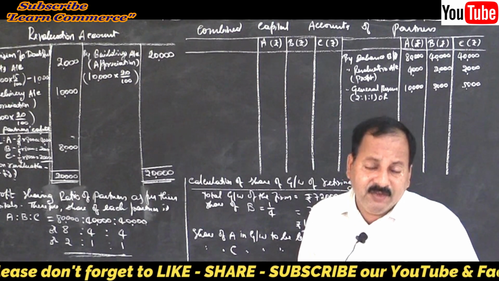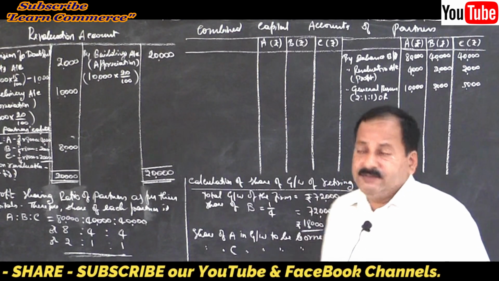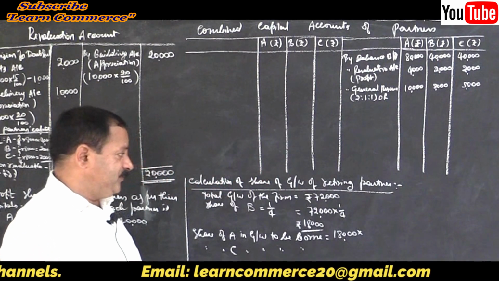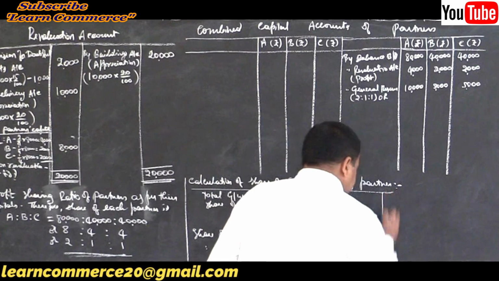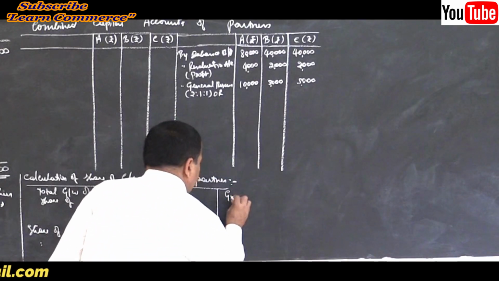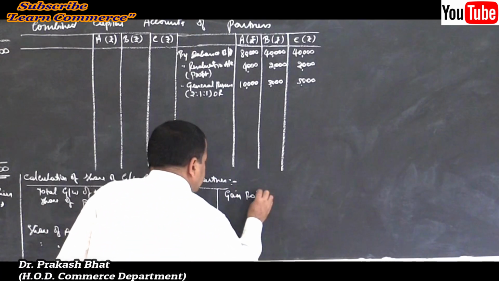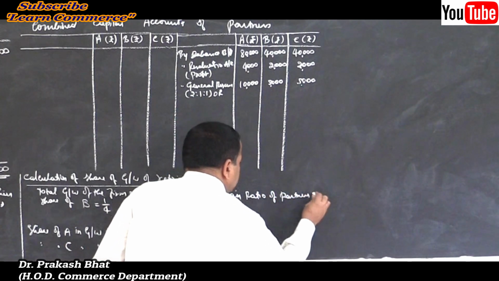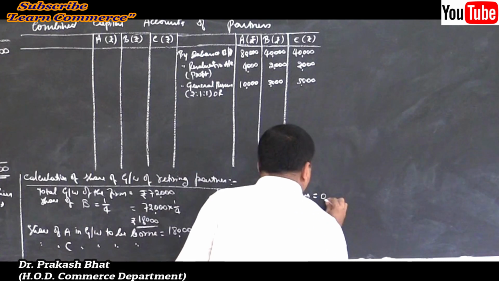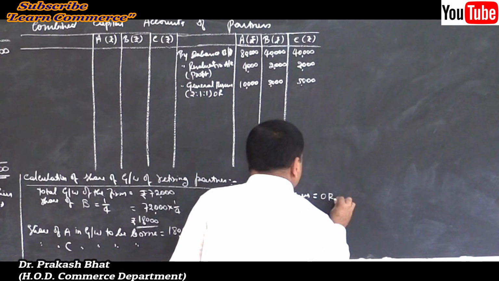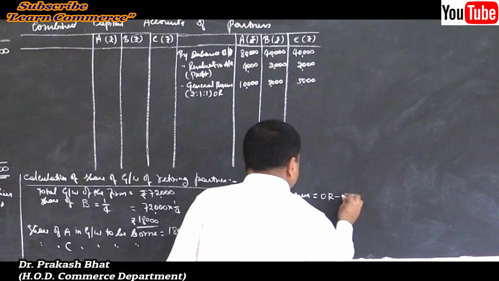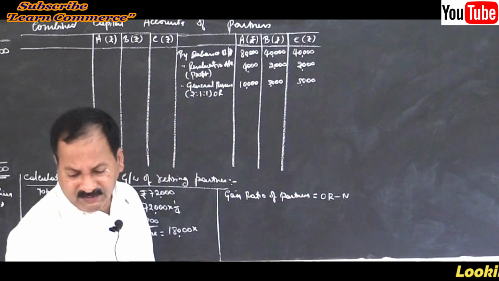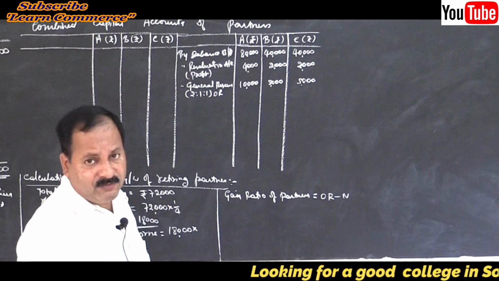So here we have to calculate the gain ratio of partners, which is equal to old ratio minus new ratio?